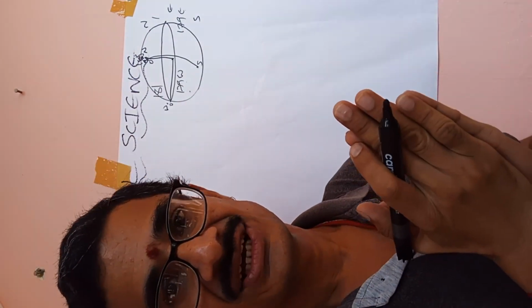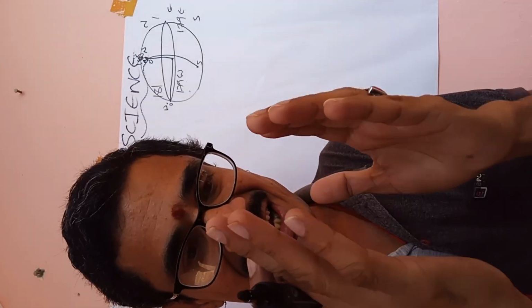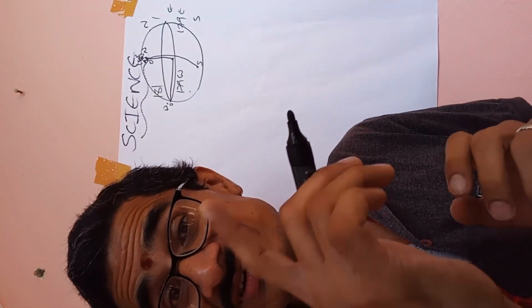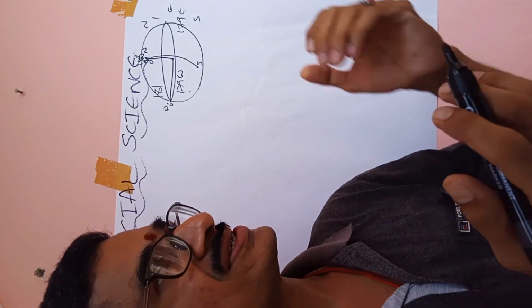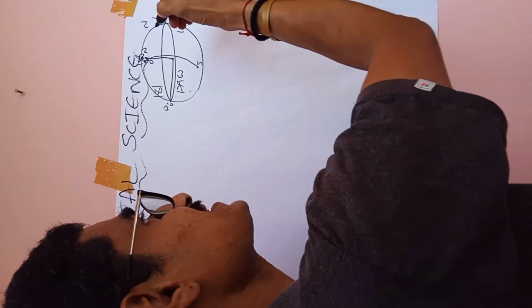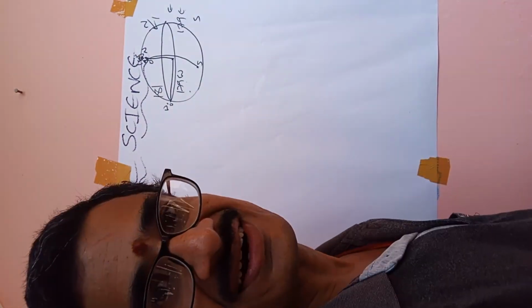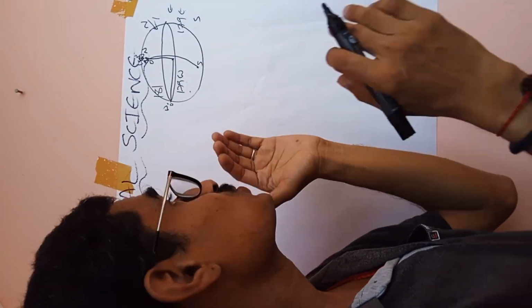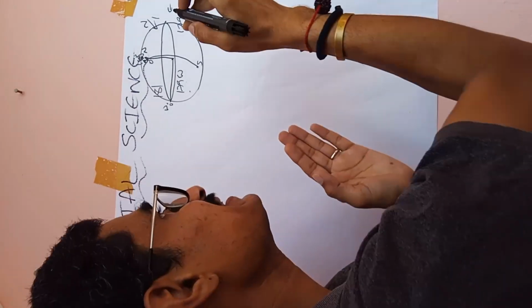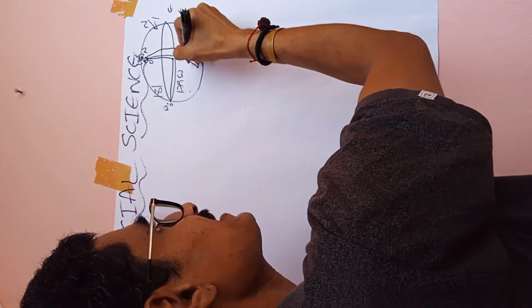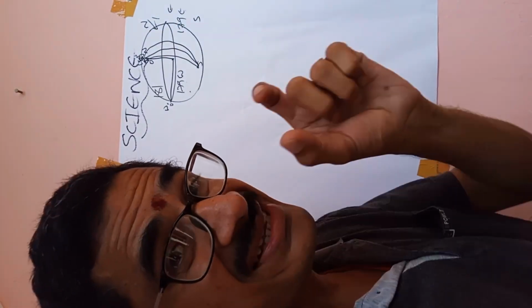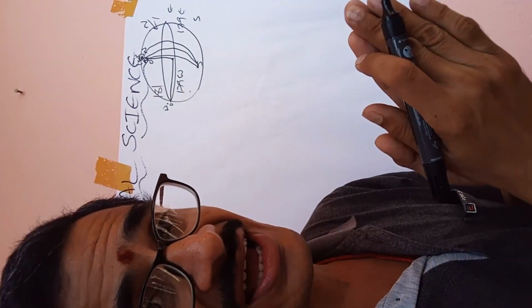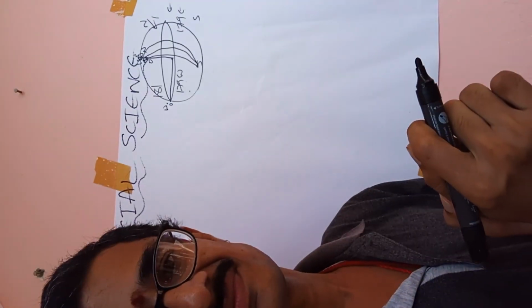international date line. If you cross that longitude, the date will change, because the sun rises in the east. The eastern part of the globe gets the first sun rays, so the western part is compared with the eastern part. See, these are the longitudes. What is the time difference from one longitude to another? 4 minutes.